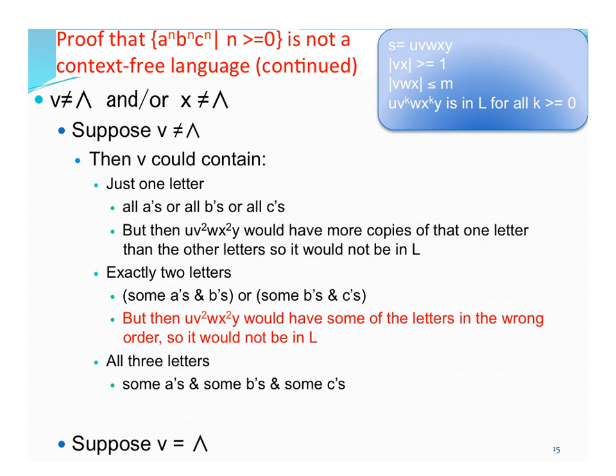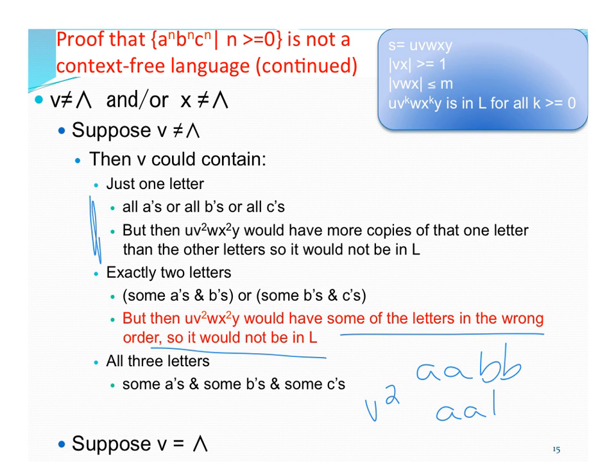If V is just one letter, it doesn't work. If V is two letters, then we'd have some letters in the wrong order, right? Because if V is two letters, let's suppose V is AABB, then V squared, two copies of it, is going to be AABB, and then another copy, AABB.